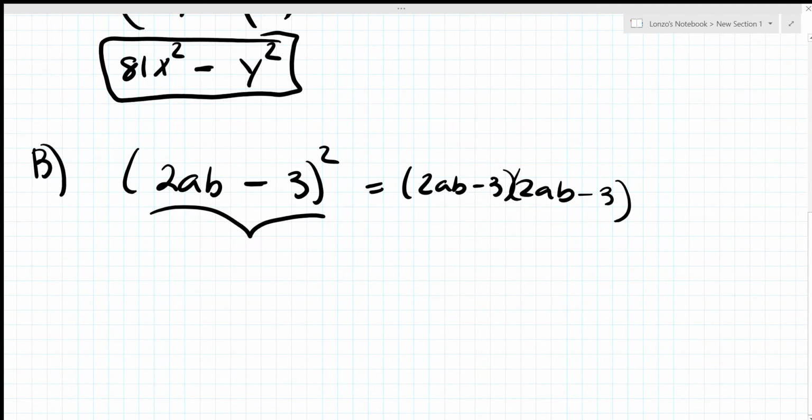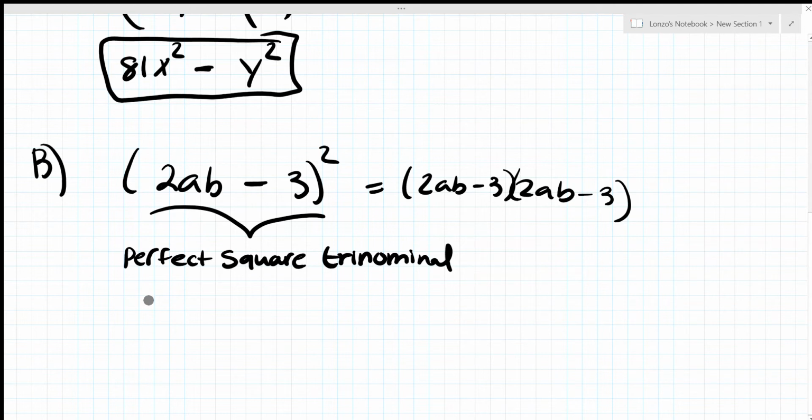This is what's called the perfect square trinomial. The perfect square trinomial looks something like this: a squared minus 2ab plus b squared equals a minus b squared.